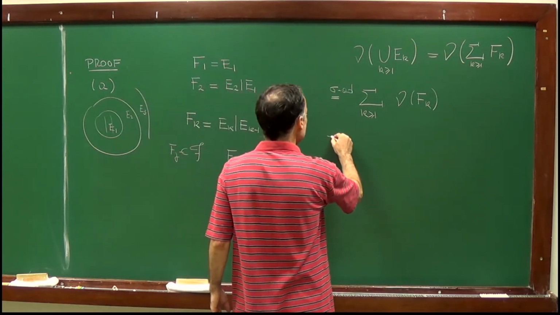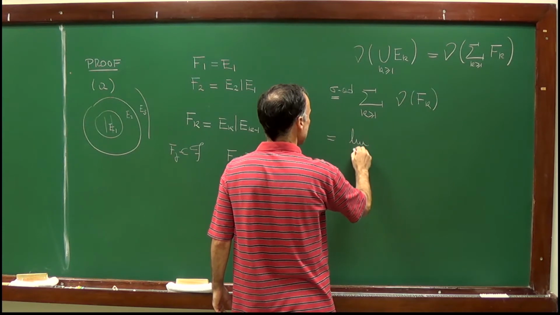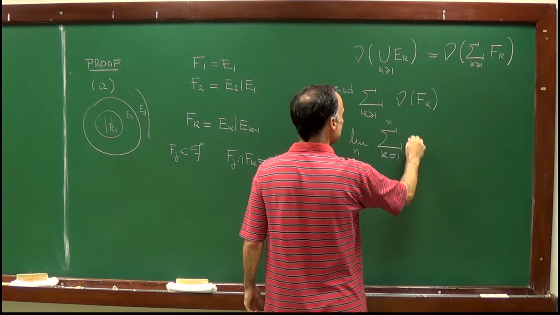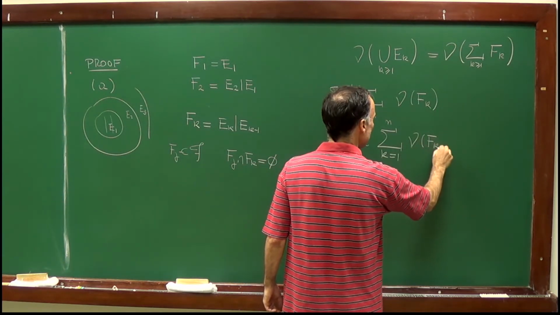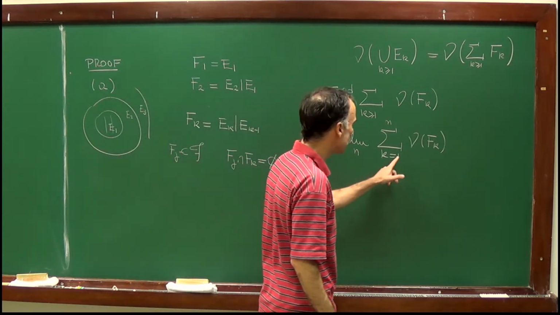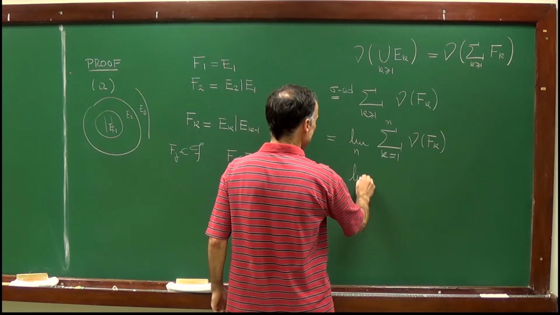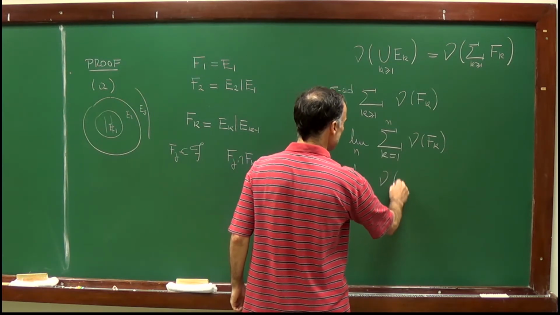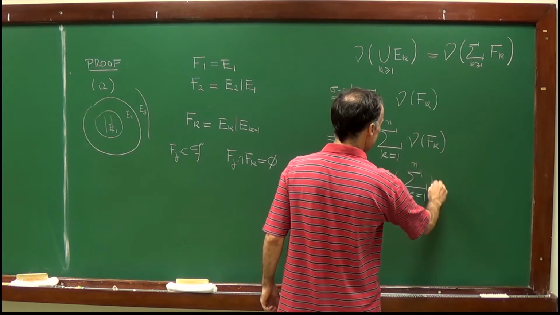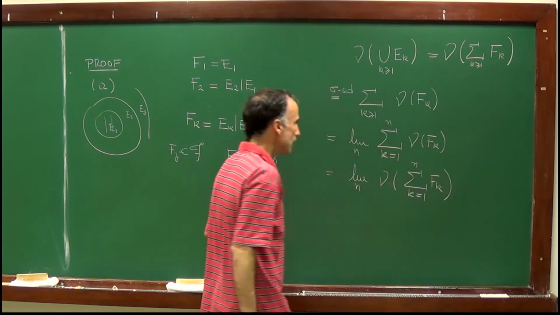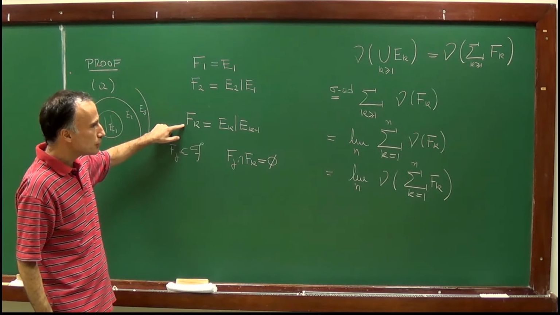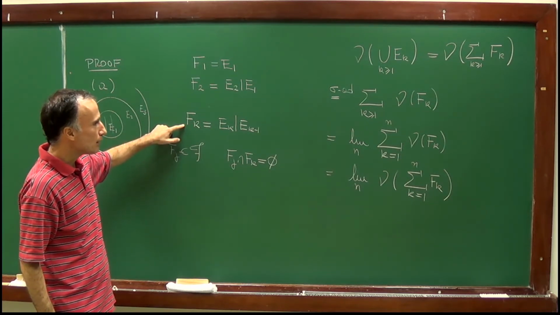Well, this sum is clearly the limit, as n goes to infinity, of the sum for k going from 1 up to n of nu of Fk. Now I can use the additivity to write this as the limit of nu of the union of Fk, k from 1 up to n.